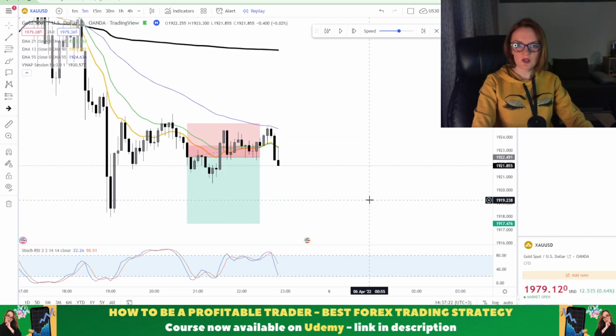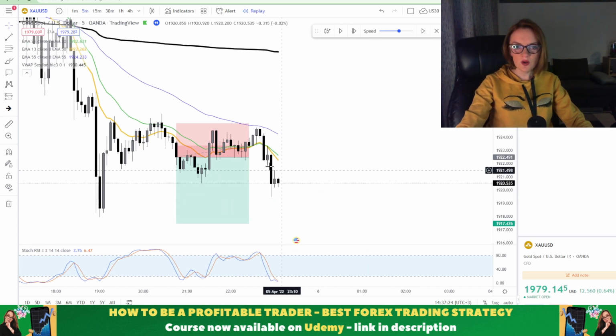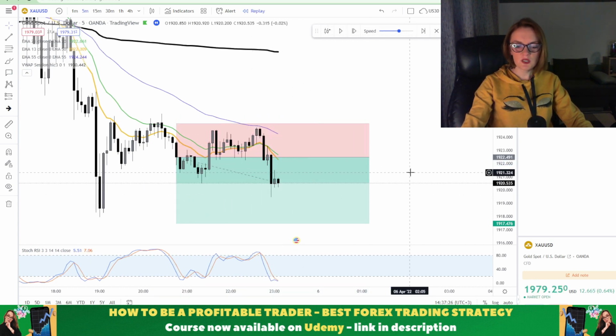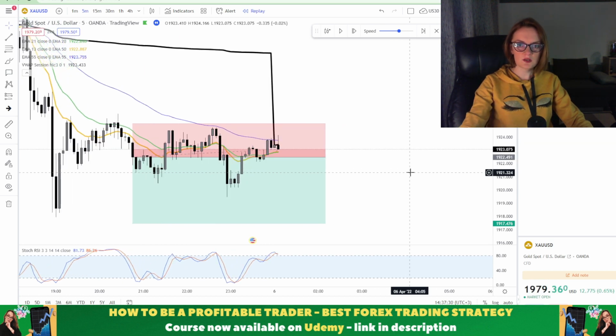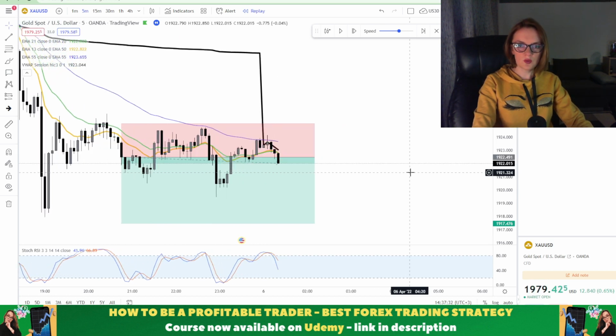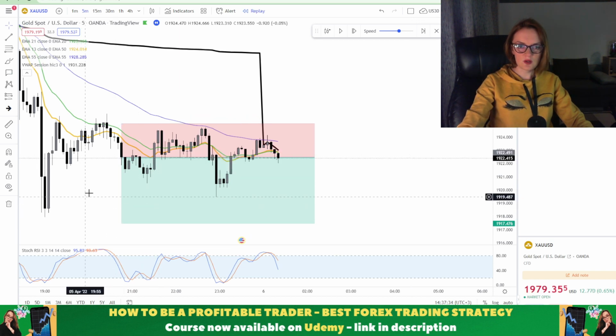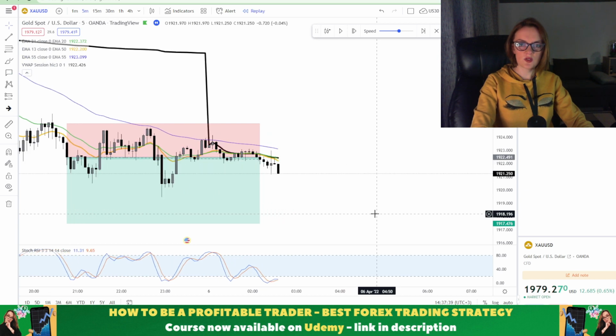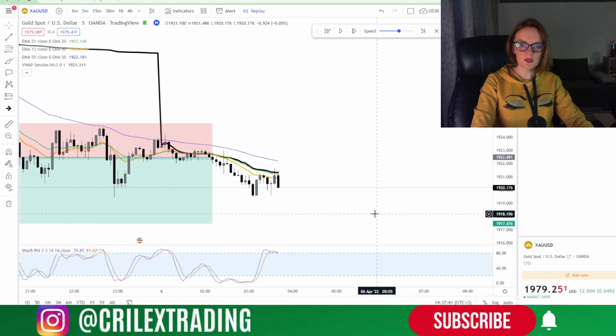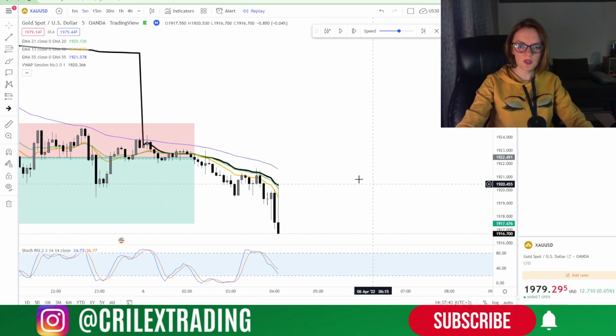Alright, and actually we are involved into a range now. Hopefully we are still in the position, but I can see that the price cannot go below this zone here. Alright, but actually we are still in this position and we have to wait until maybe our take profit will be hit.